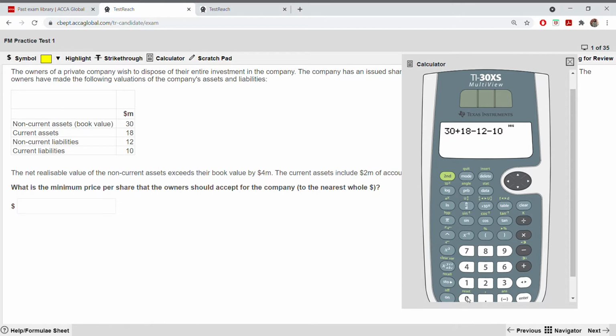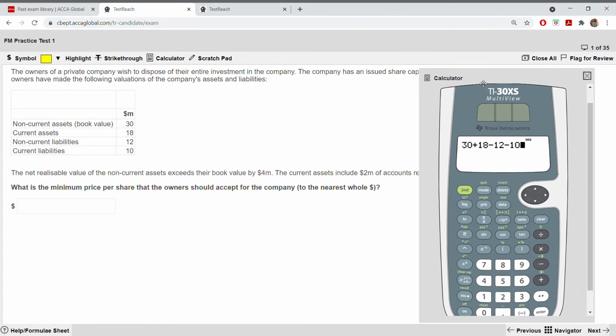First you have to deal with this. In this box, whatever is there, just write it. Add both your current and non-current assets minus current and non-current liabilities.